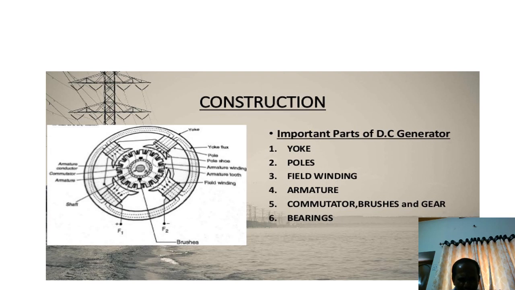Pole shoes are fastened to the surface of the pole with bolts. This is the armature, which is armature winding. This is commutator segment. Inside is the shaft. These are the parts of a DC generator.